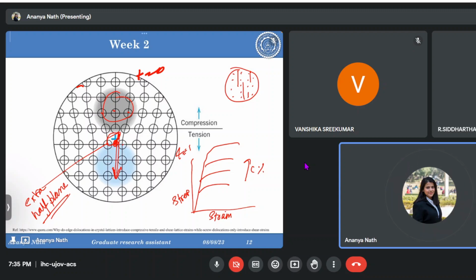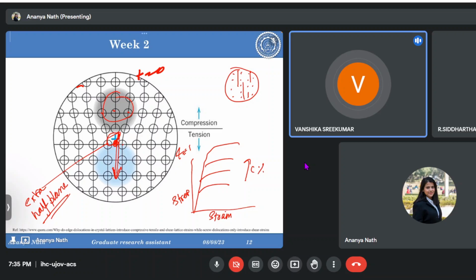I think it's when there's an ordered arrangement of lattice points in the lattice, say ABC, ABC, ABC, and if I just remove one of those lattice points, then it will suddenly turn into some other lattice structure. So that's a sort of a stacking fault.